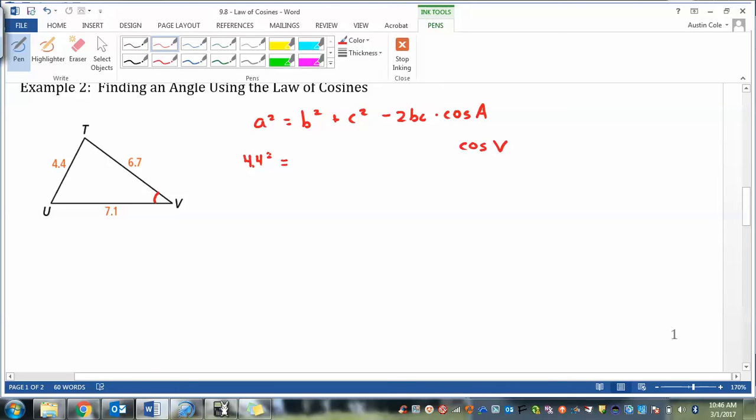And then the other two sides, 7.1 and 6.7, become B and C. So I'm going to call this 6.7 squared plus 7.1 squared minus 2 times 6.7 times 7.1 times cosine of V.